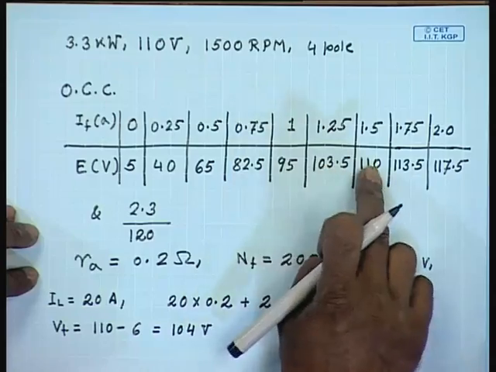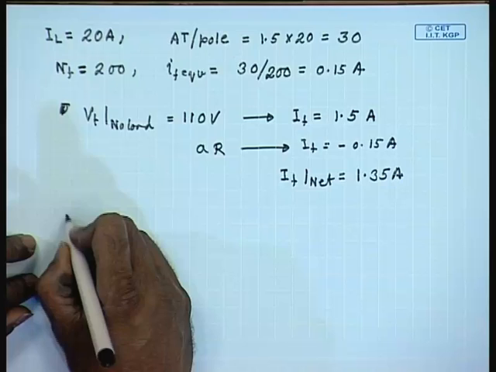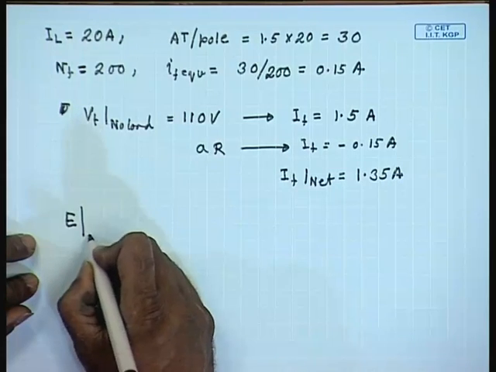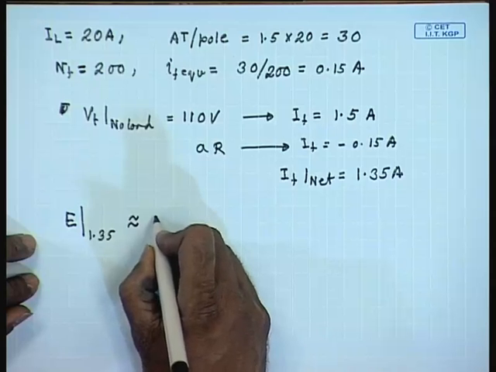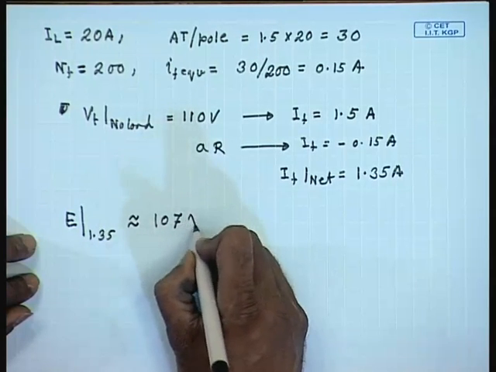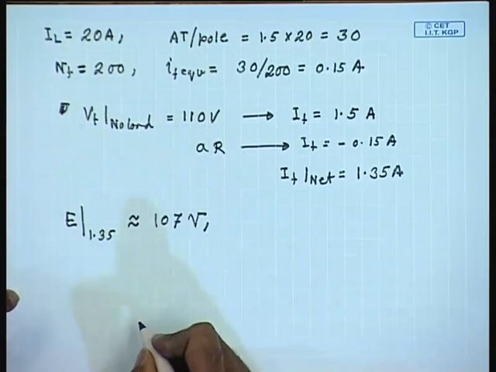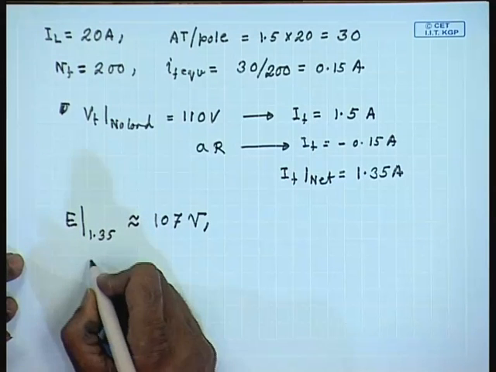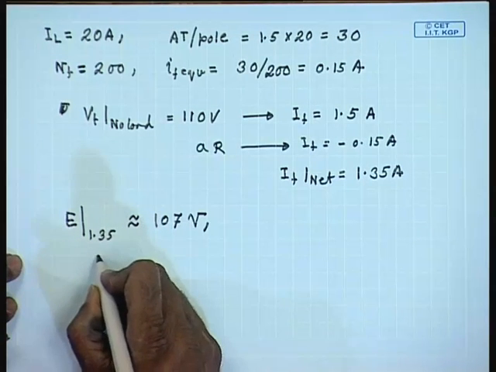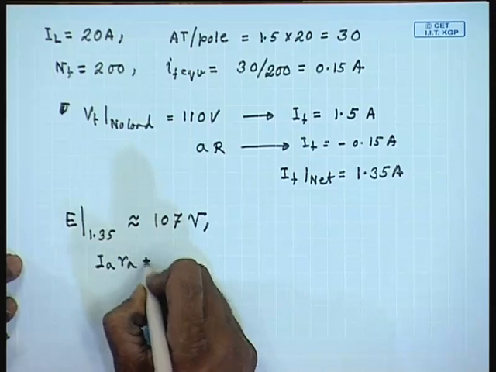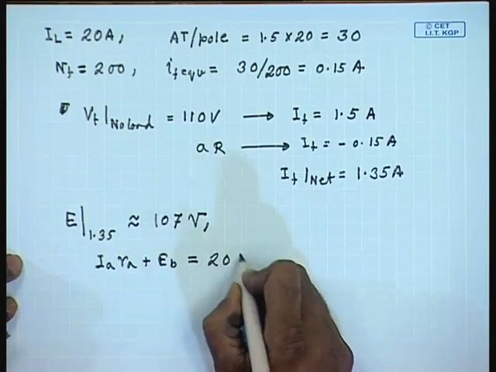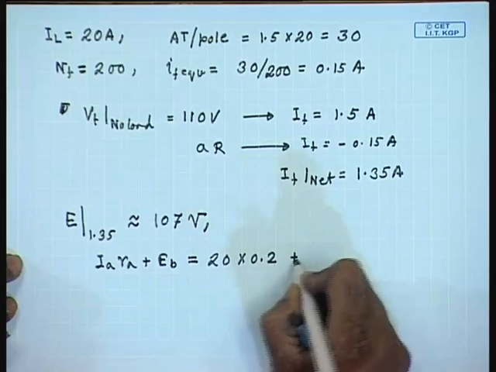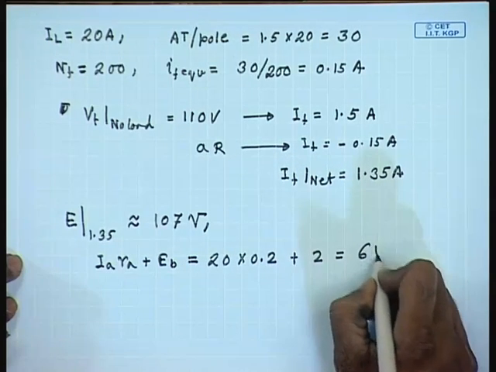So, the induced voltage with 1.35 ampere of field current, E at If equal to 1.35, from that data is approximately 107 volts, and the armature circuit drop is Ia Ra plus Eb, that is equal to 20 into 0.2 plus 2 equal to 6 volts.